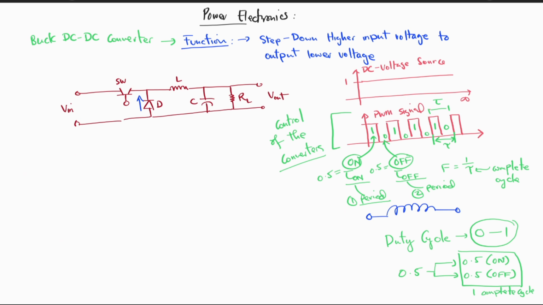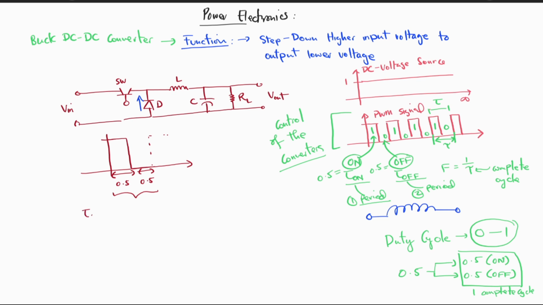I will draw a magnified PWM signal so you can see clearly. So if we have 0.5, that means this will be the half, which represents 0.5 cycle, and this will represent 0.5 cycle.